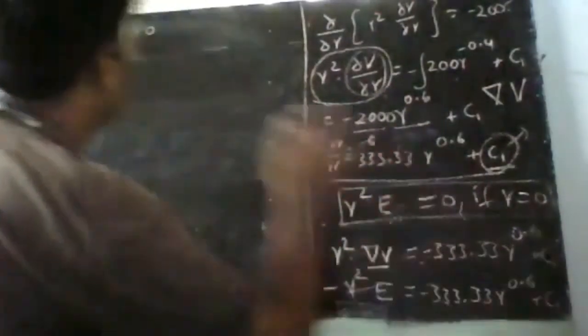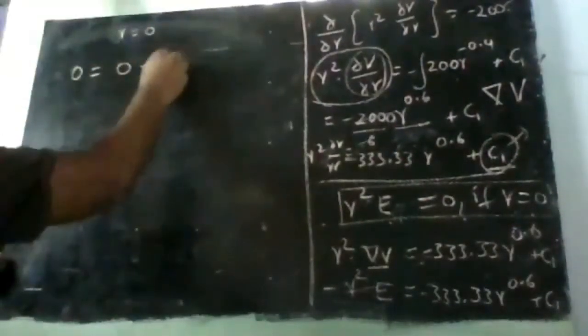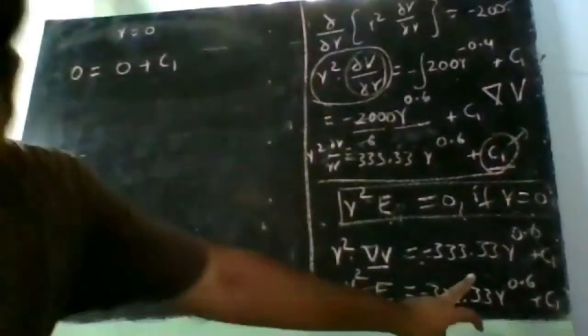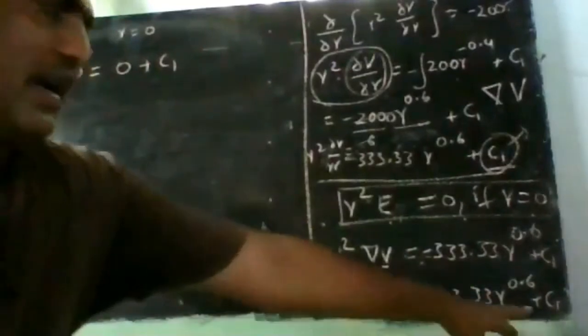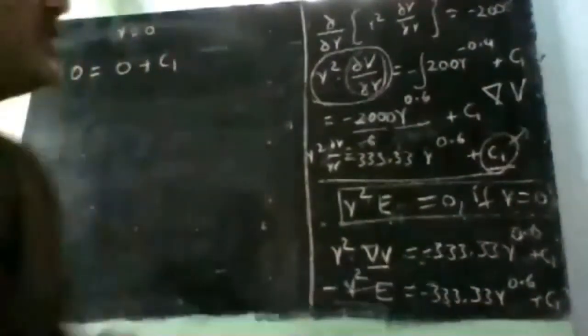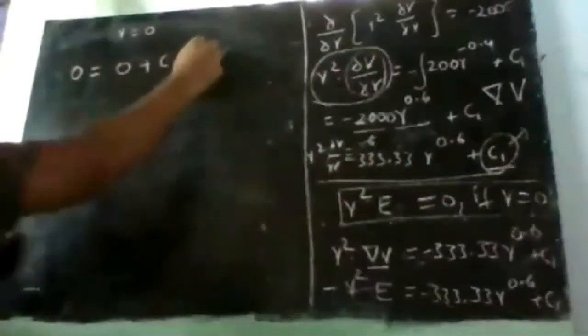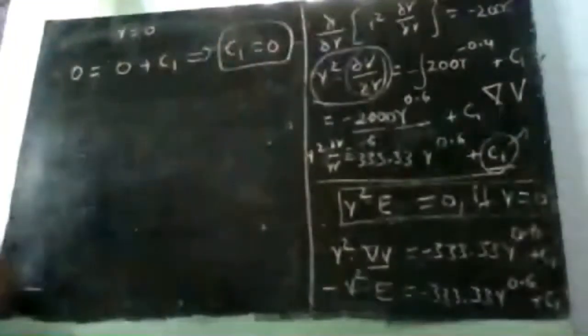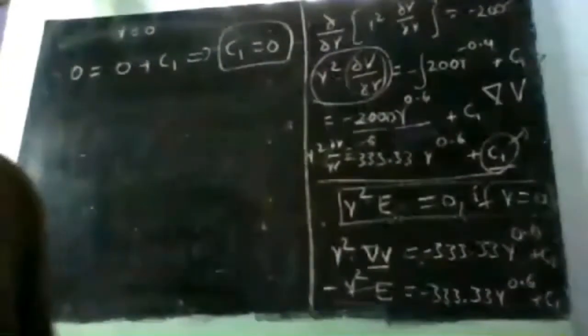So all this term becomes 0, plus C1. Are you able to understand? So all this term becomes 0, and plus C1. Therefore, the first constant of integration C1 is 0. The first constant of integration that we get is 0.